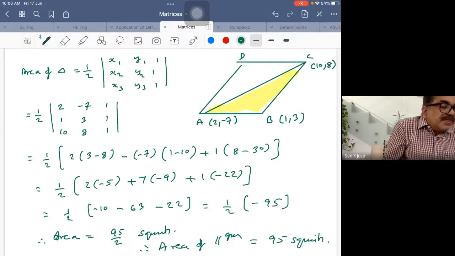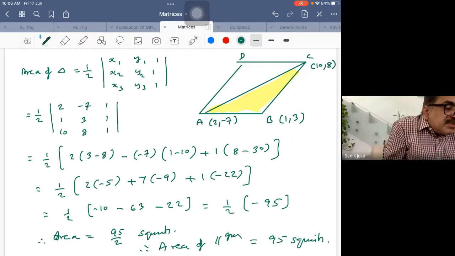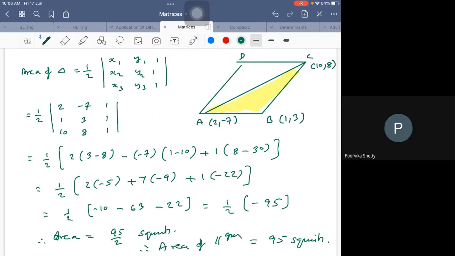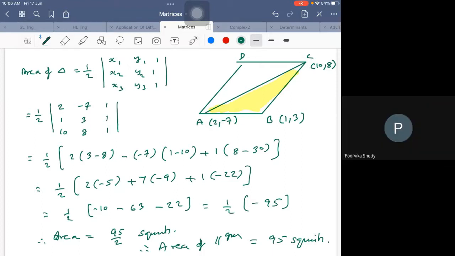Sir, I took the third column for expanding because it's 1, 1, 1. Yeah, okay. So 1 into the determinant 2 minus 7, 1, 3. That is the determinant.